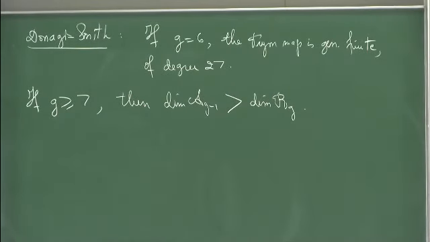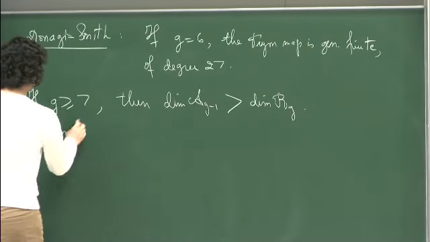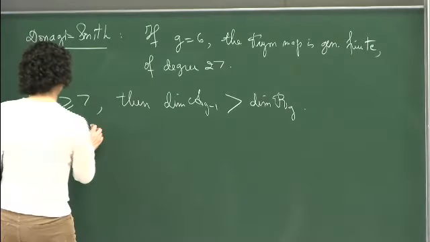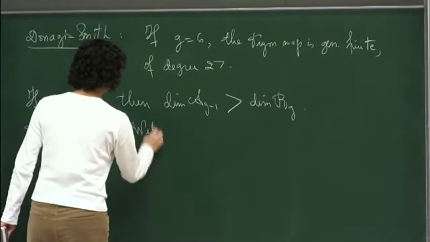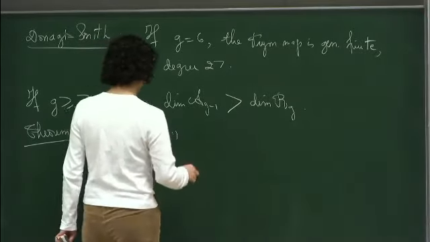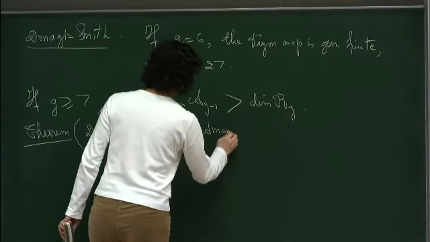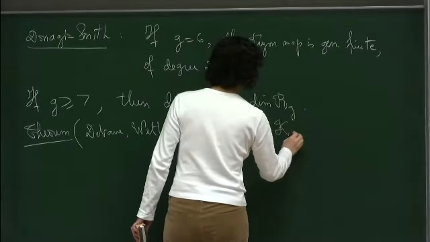In this case, we have a theorem due to many people. Debarre has a proof, Welters has a proof, Friedman-Smith have a proof, and Kanev has a proof.